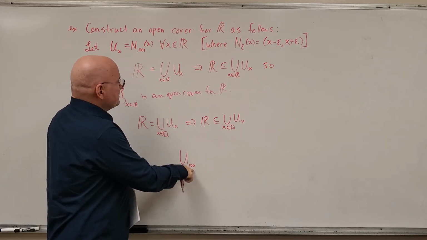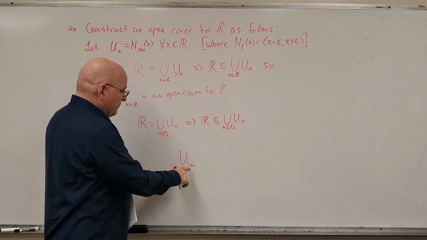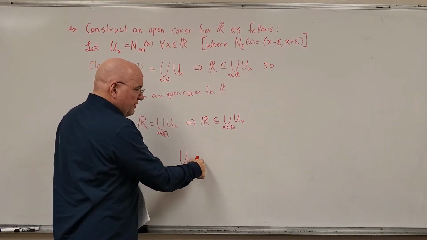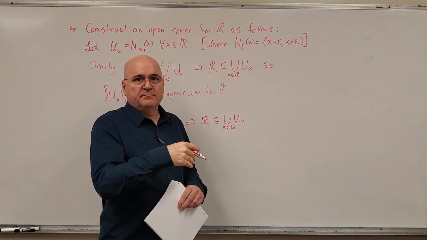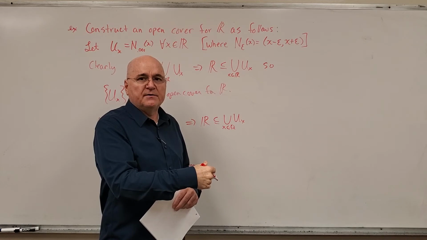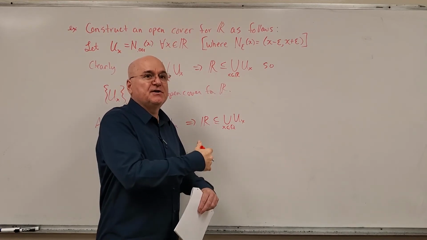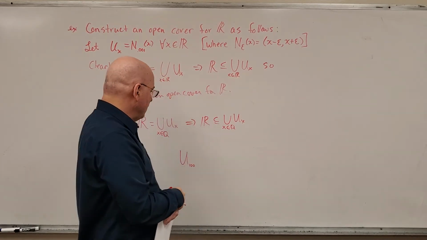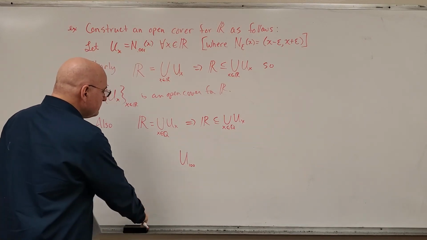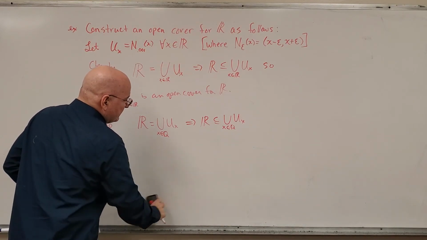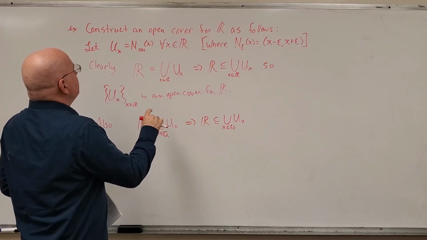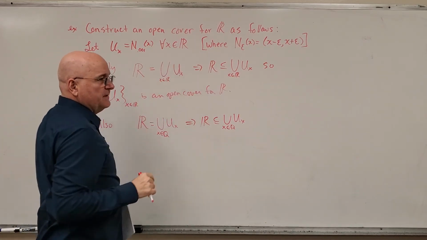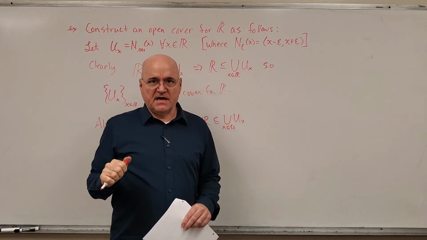If that's the largest one in a finite cover, well, that means that every number greater than 100 plus 0.001 would fail to be covered. Hope that made sense. So this does not give us a finite subcover. So therefore, R is not a compact set.